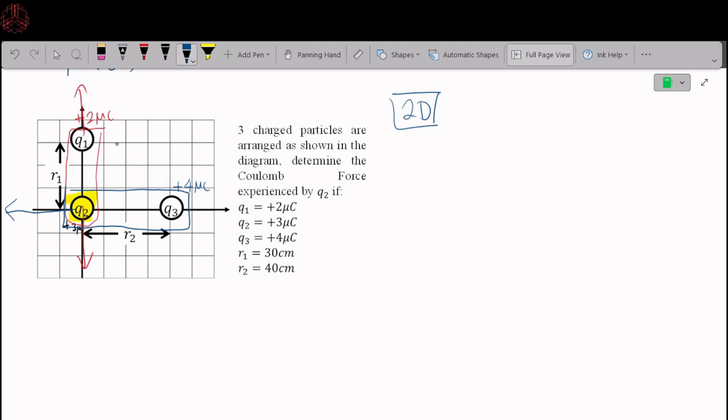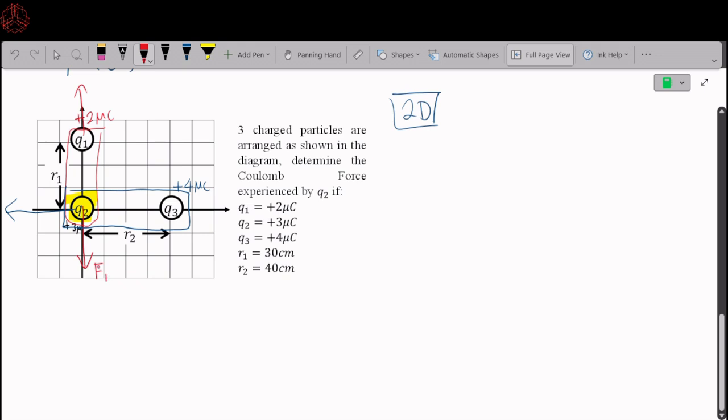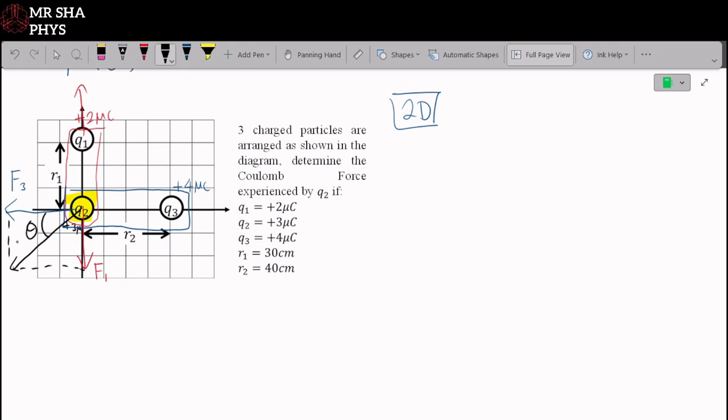So we will have to find, let's call it F1 because it's the interaction with Q1, and then F2 for Q3. If we want to find the magnitude, we'll have to use Pythagoras' theorem. And if we were to find the angle theta, we will use trigonometry. So let's do the first one, which is F1.